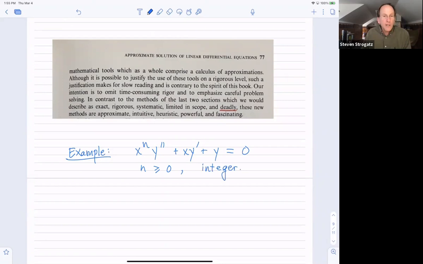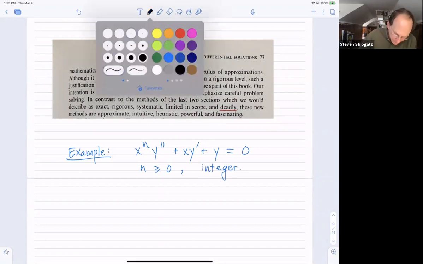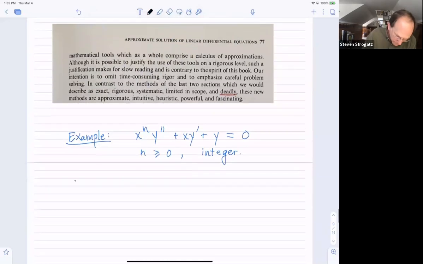And the question is, what kind of point is the origin? So I guess earlier I was calling it x0, but whatever. Let's just call it that for now. It's some kind of point.